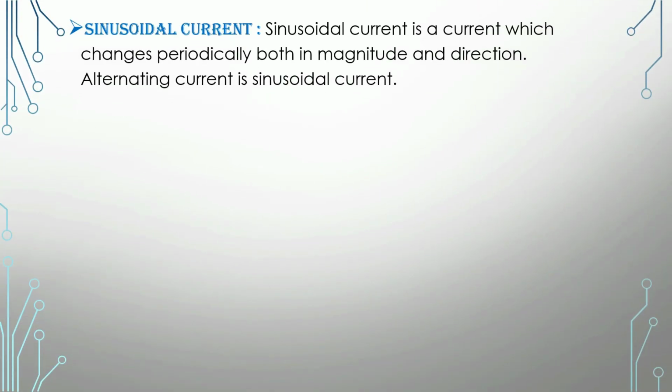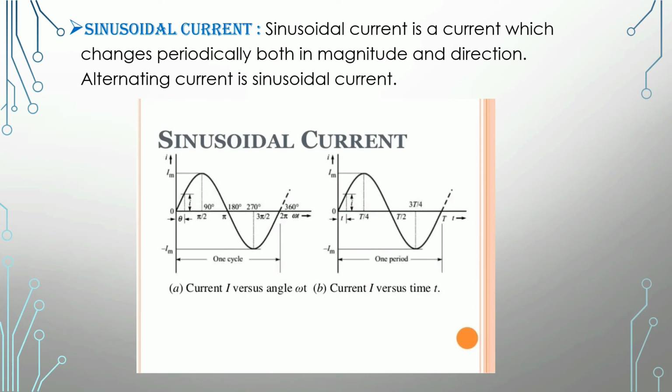Next is sinusoidal current. So now, what is sinusoidal current? Sinusoidal current is the current which changes periodically both in magnitude and direction. That means, as we can see in the graph, the motion of charge in AC circuits starts from 0, and then it increases to a maximum value, and then it again decreases back to 0, completing one positive cycle.